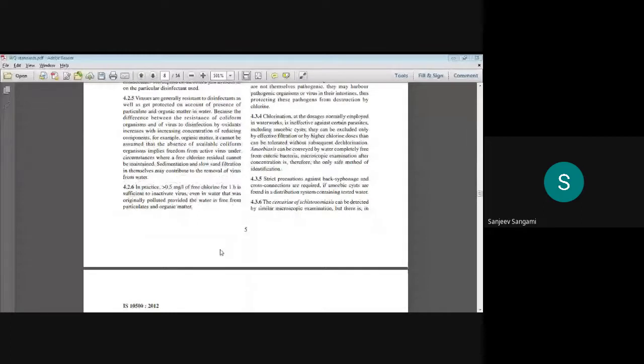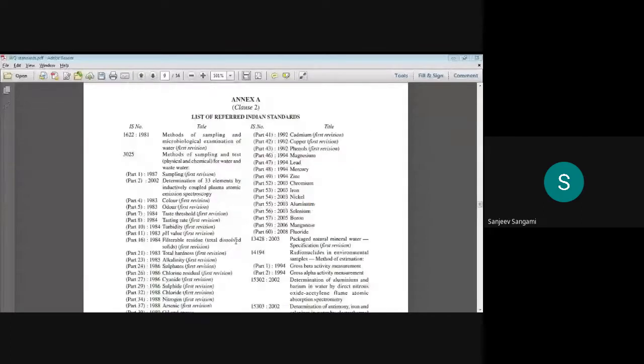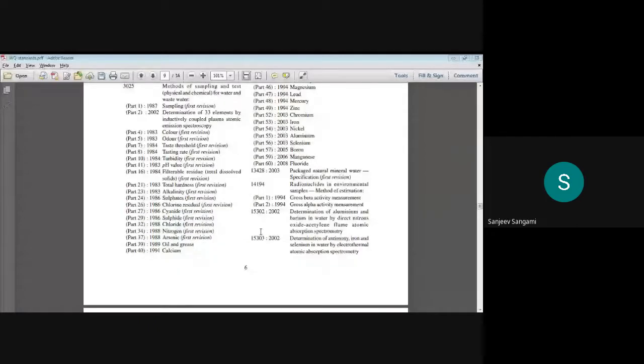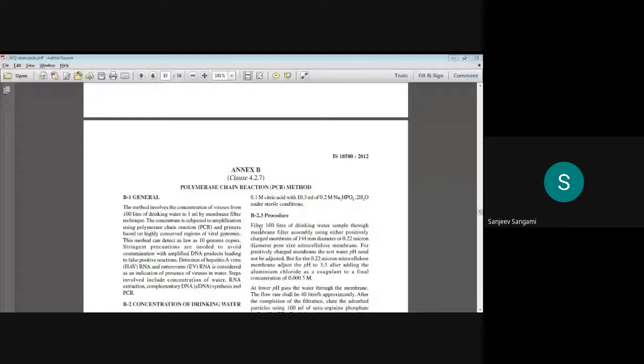In the next class we will go ahead with the chemical parameters, since we already covered the physical parameters. We'll select the very important chemical characteristics, and see their importance and how we measure them in our laboratory.